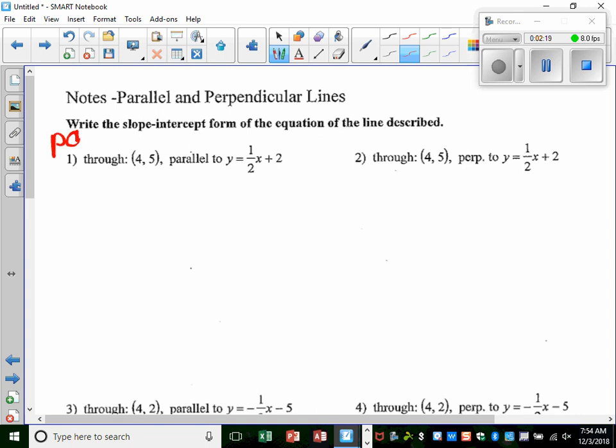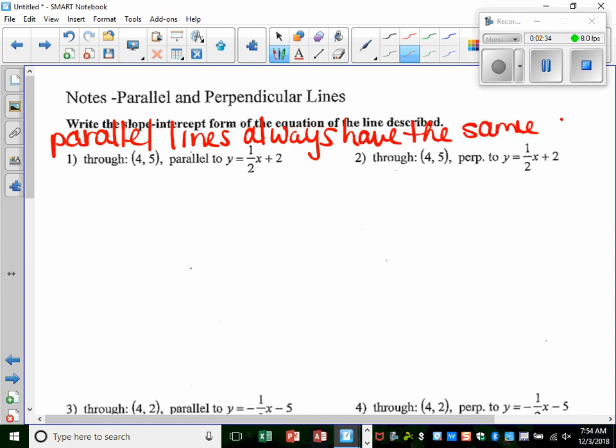Okay, parallel lines always have the same slope. Okay. And that's going to be important because when we do perpendicular lines, the slope is going to be different.